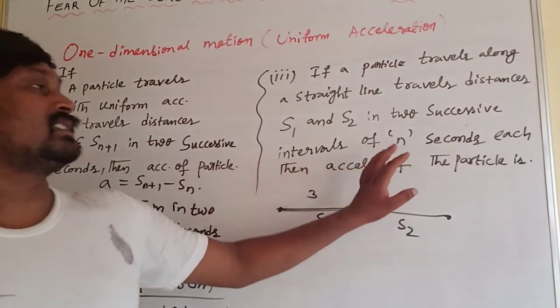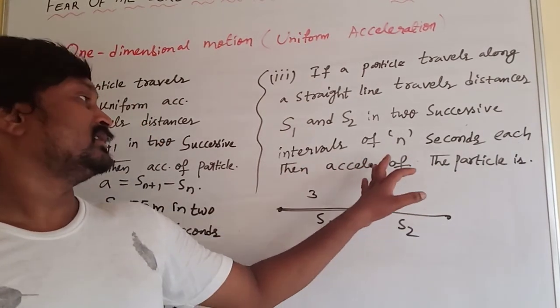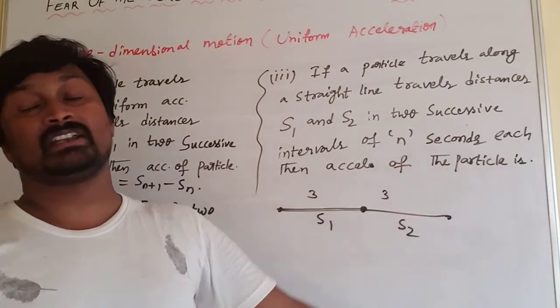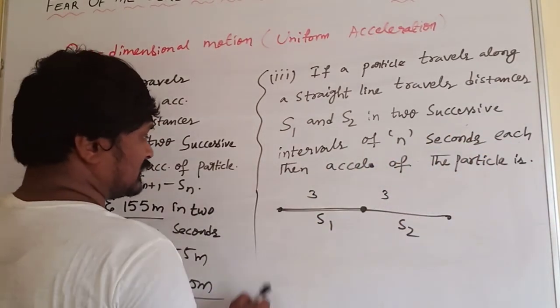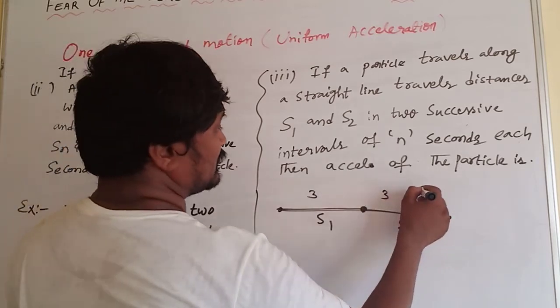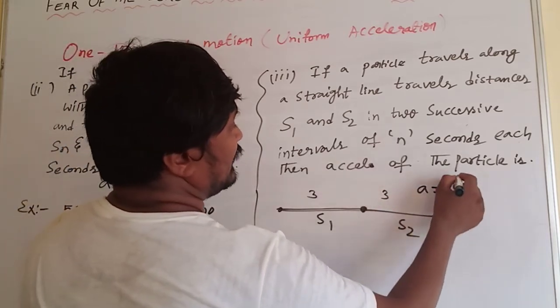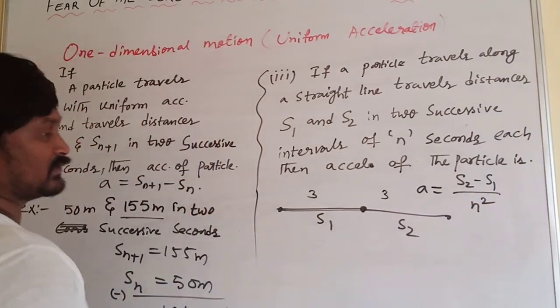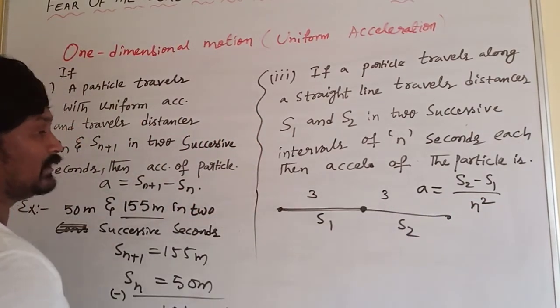So both are the same seconds. Then what is the acceleration of the particle? For this, your formula is a is equal to S2 minus S1 upon n square. Here time is n, so it is n square.